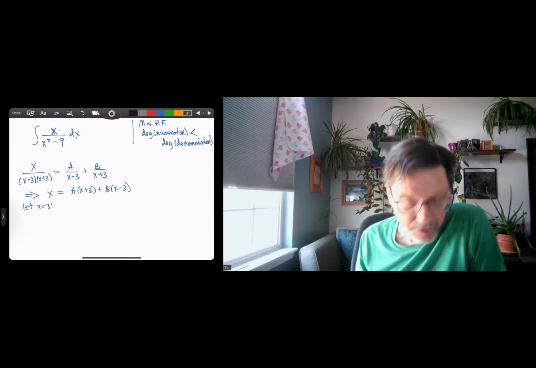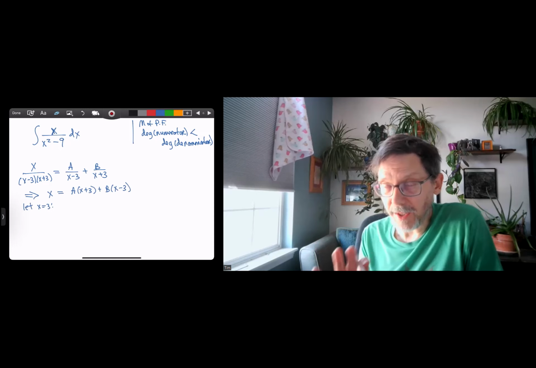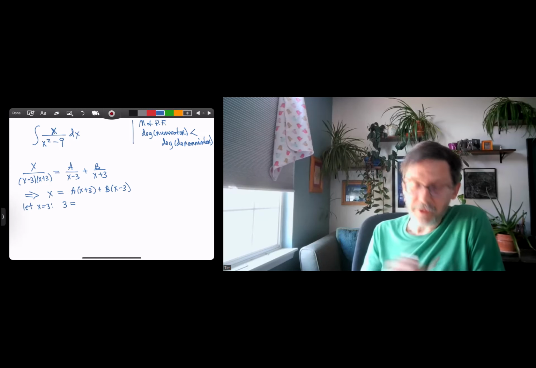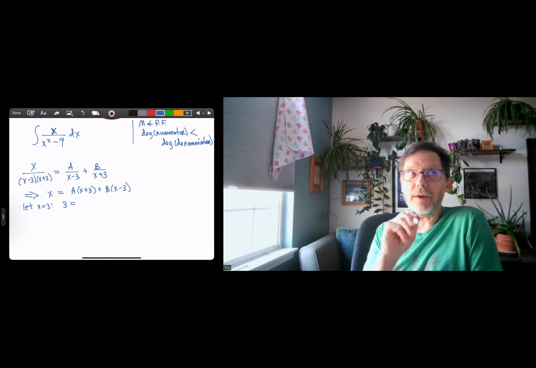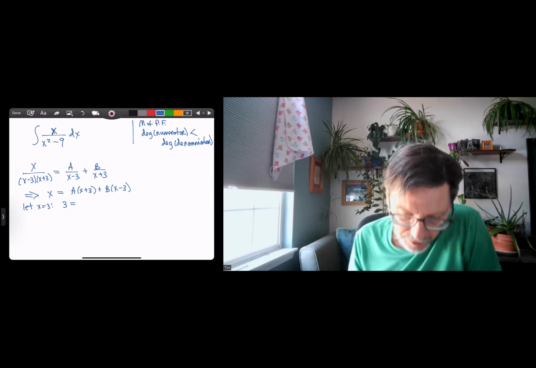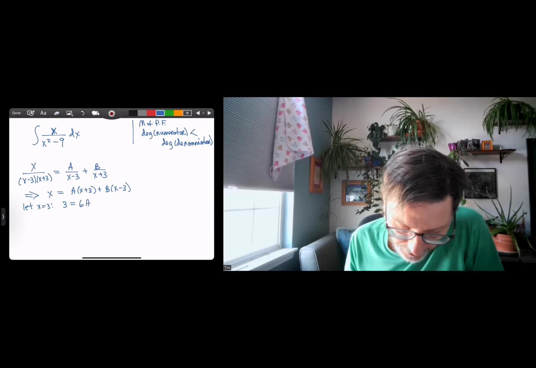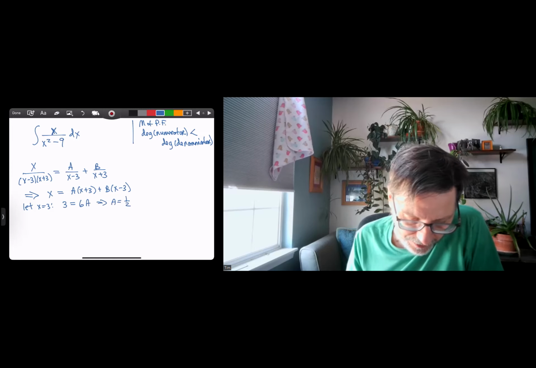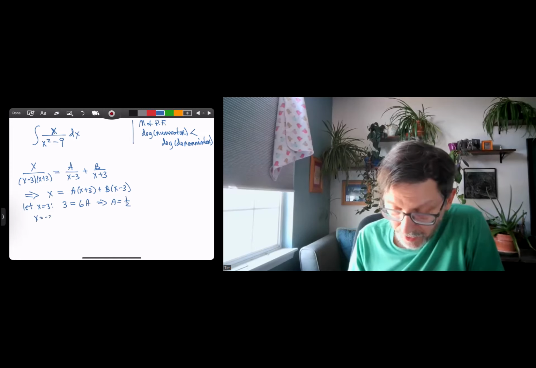Those special values are the same as they were before. Still magical. This time when x is 3, I'll kill off the b. So I've got 3 on the left. Notice that the left side will change depending on the value I plug in for x. So then I've got 3 equals 6a, and a equals a half, and then I'm going to let x equal -3.